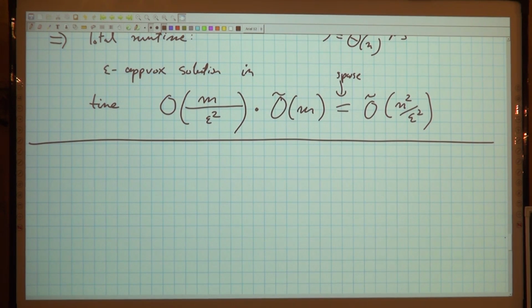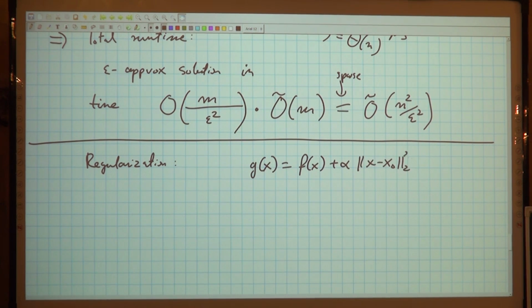By the way, how do you get around the fact that you don't have some alpha? What you do is something called regularization. You take a new function, which is your old function plus a quadratic term. This is the regularization term. Because of this alpha, the Hessian gets an identity matrix added, so this makes sure that you have alpha strong convexity.